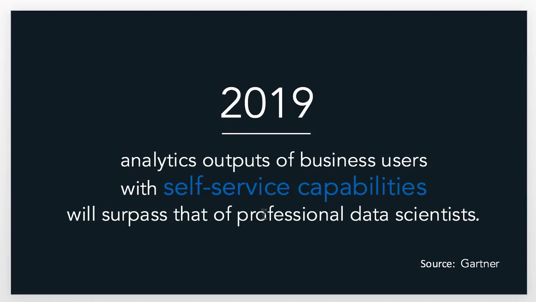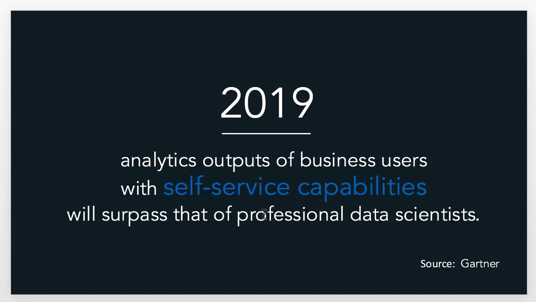This is backed up by this very, very interesting statistic here, which is just a few months away, 2019, and this is saying that the analytic outputs of our business users with self-service capabilities will surpass that of professional data scientists. So let's just think about this a minute.